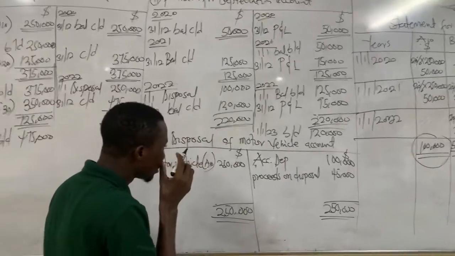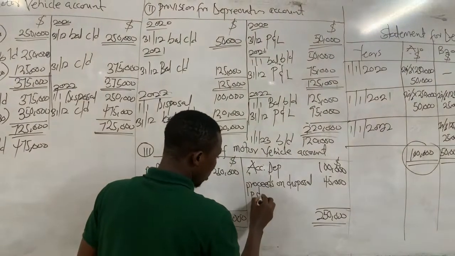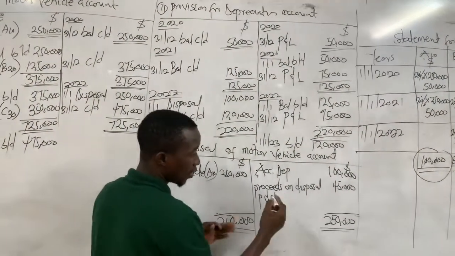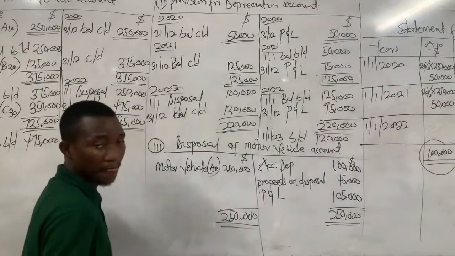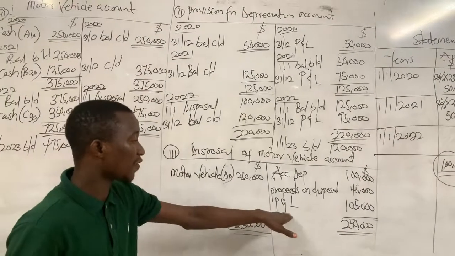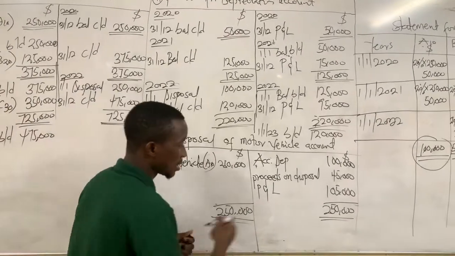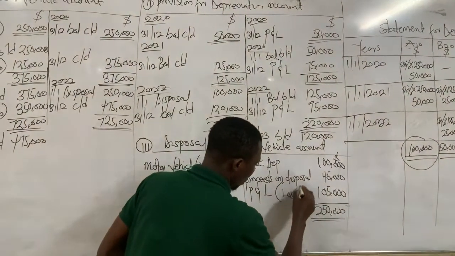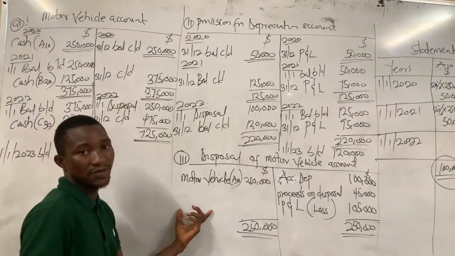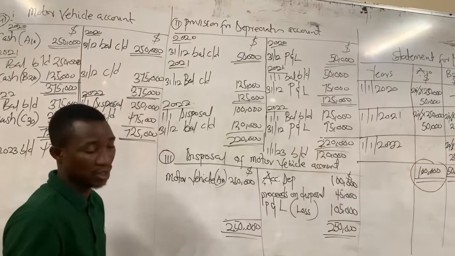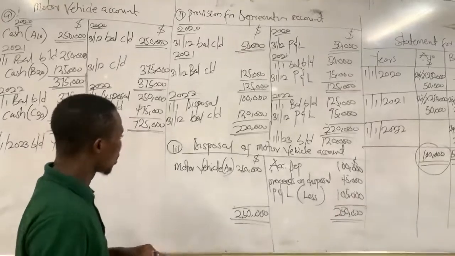We can see that the debit side is bigger than the credit side. So in effect, the profit or loss will be found at the credit side, an amount of $105,000. This means that we are going to debit the profit and loss account with $105,000, and this is a loss. So if it were found at the debit side, it means we would credit profit and loss account, and that would be a gain on disposal. But in our case here, it is a loss on disposal.